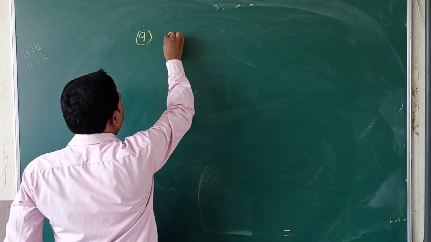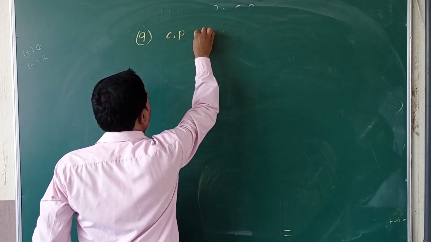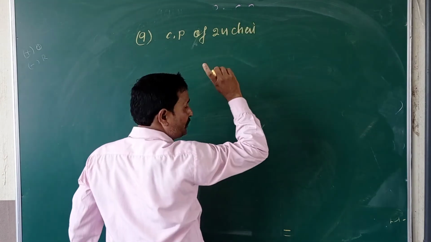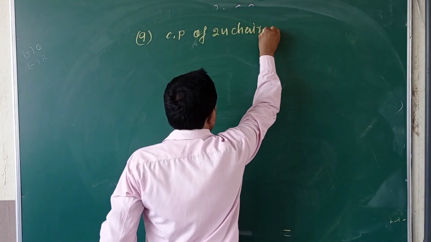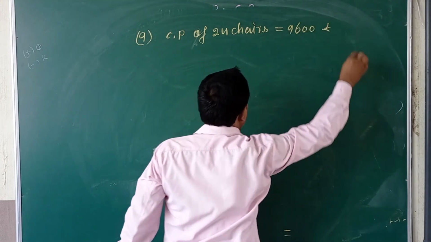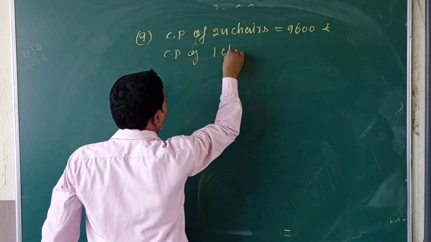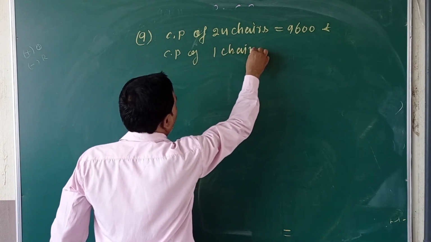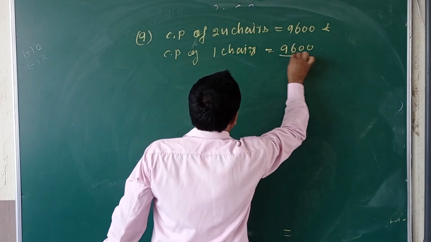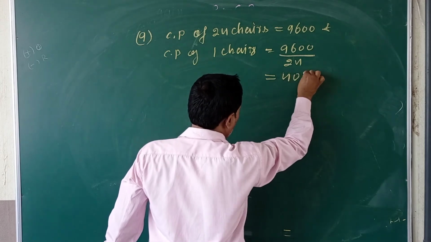Now the CP of 24 chairs, 2 dozen is 24 chairs, is 9600 rupees. Now the CP of 1 chair is 9600 divided by 24, which will become 400 rupees.